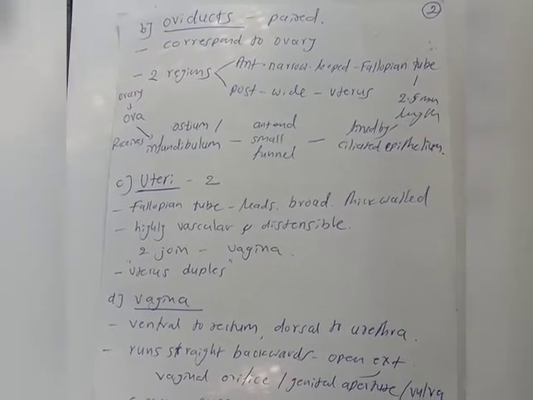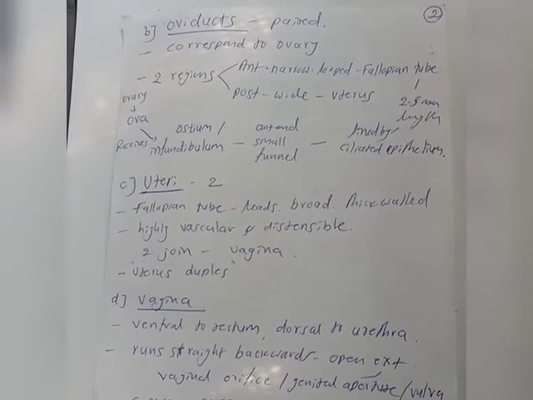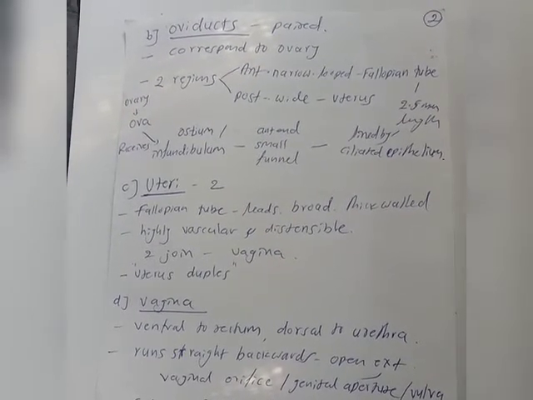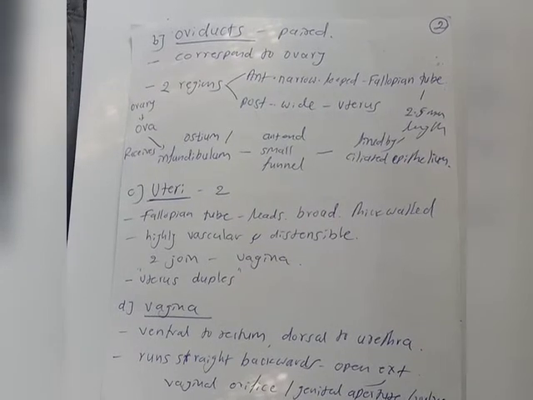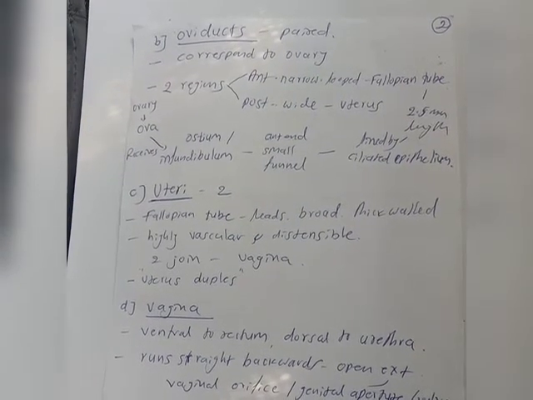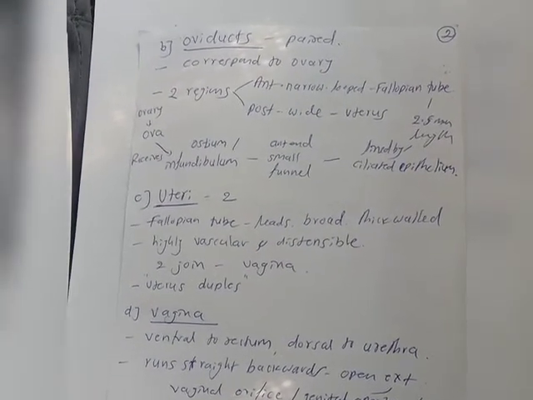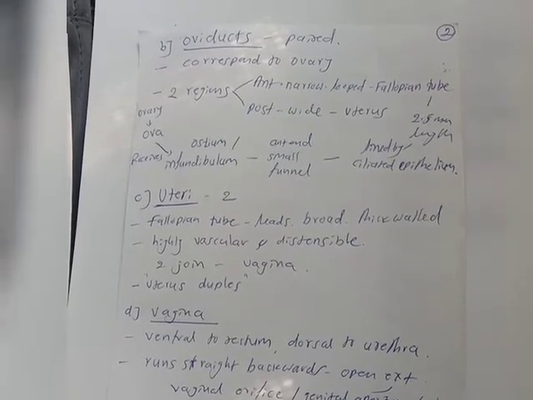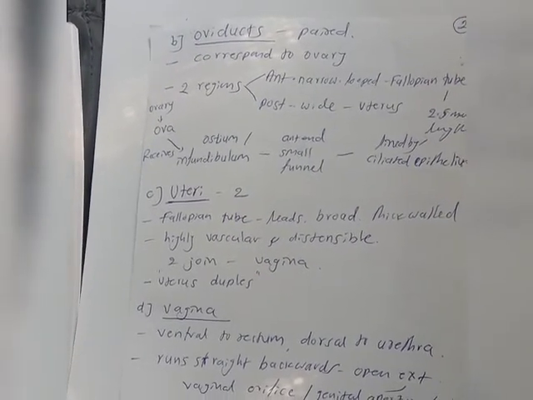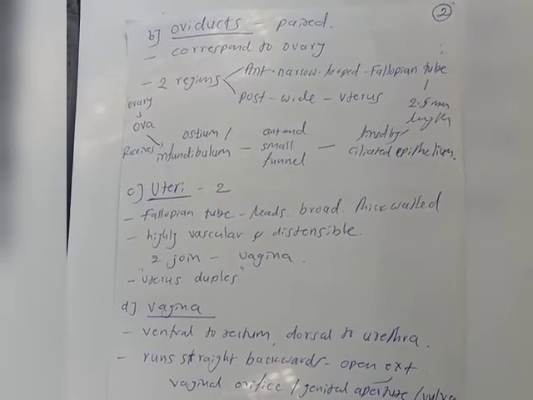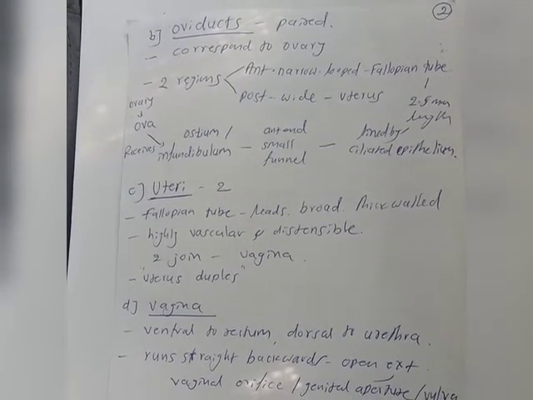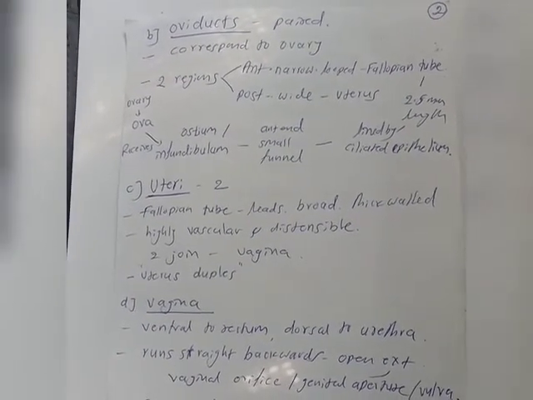That opening is called the ostium or infundibulum. The ostium receives the ova from the ovary. कुठून येते ओहा? ओव्हरीपासून येते. That is also called the gate or mouth of the uterus.